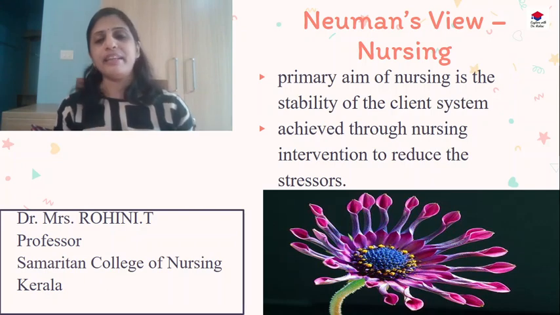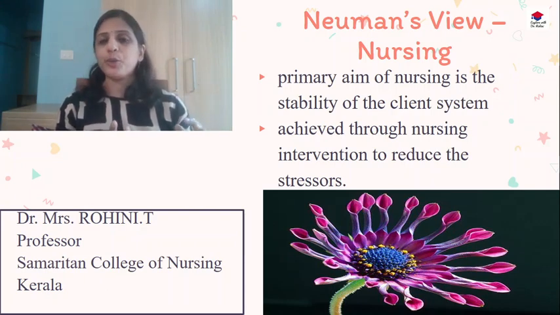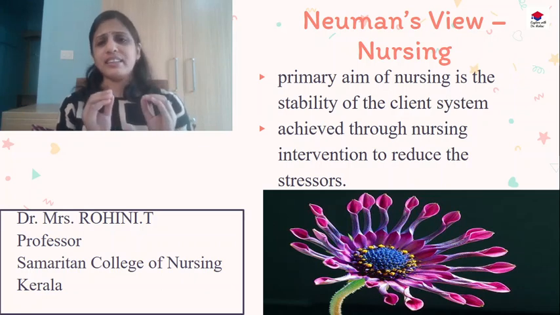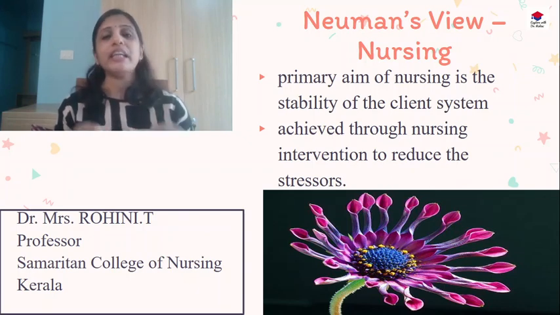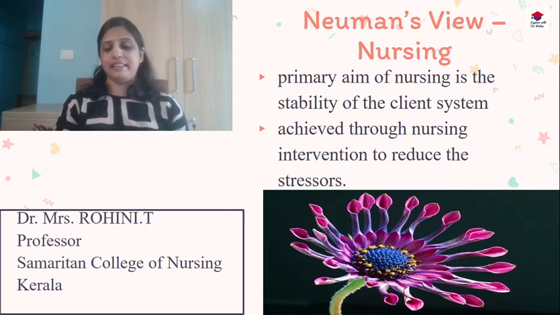And how is the stability achieved? It is through her interventions. The best thing about interventions in Neuman's theory is that she has given importance to the word prevention: primary, secondary, and tertiary prevention.